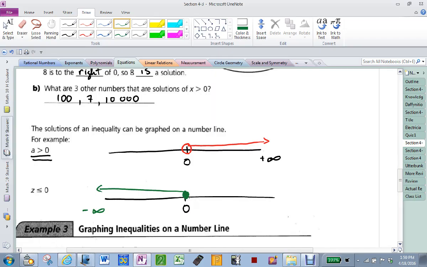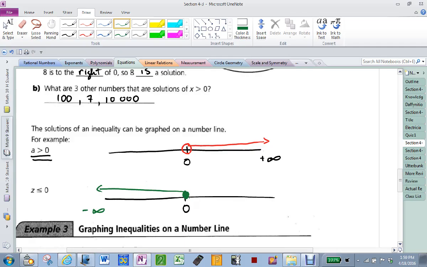Is this number allowed? 0.01. Is 0.01 allowed on the red line? Yes. Because 0.01, 1 penny, is more than no pennies.